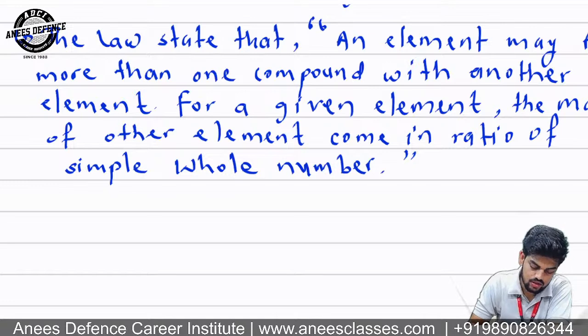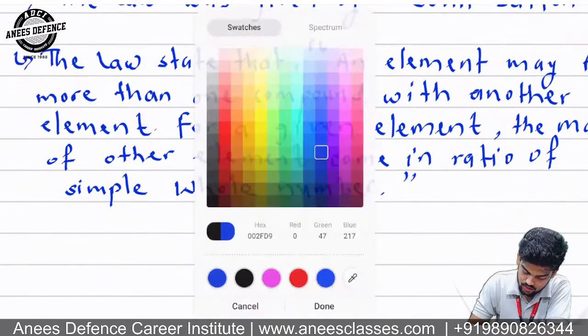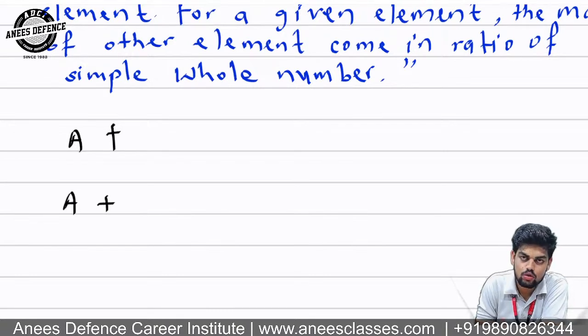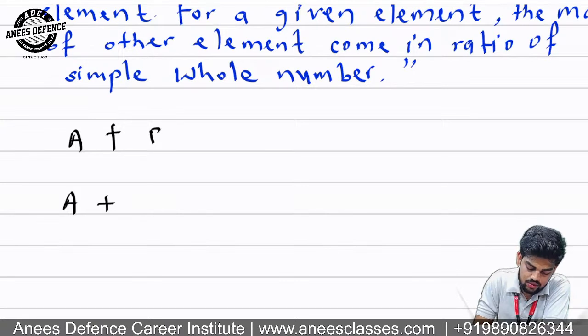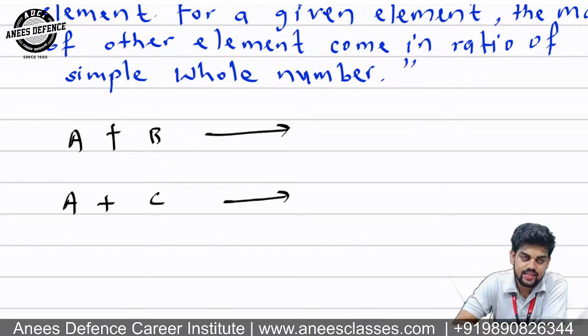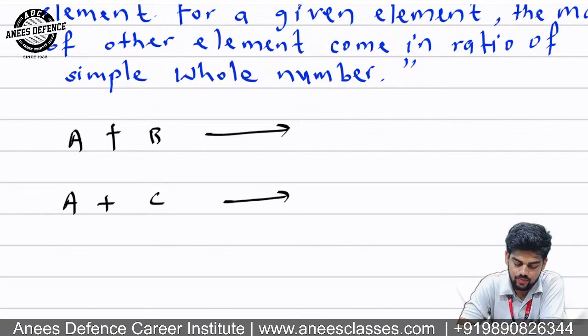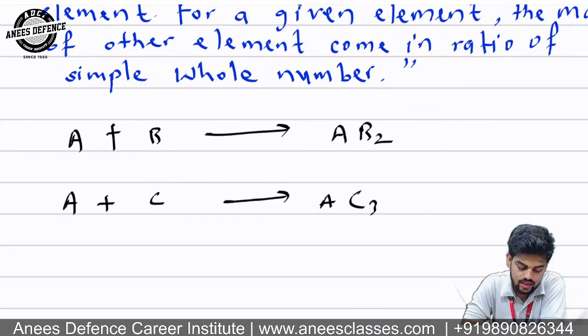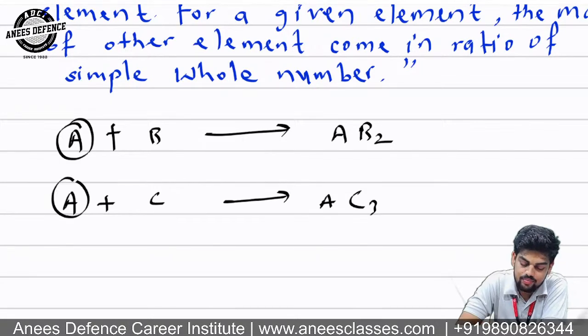Now just see what this law means. The law says that if you have an element A that can combine with more than one other element, that is A can react with B, A can react with C as well, meaning an element has a tendency to react with two or more elements and form products like AB2, AC3. But the condition is that the mass of one of the elements is kept constant.